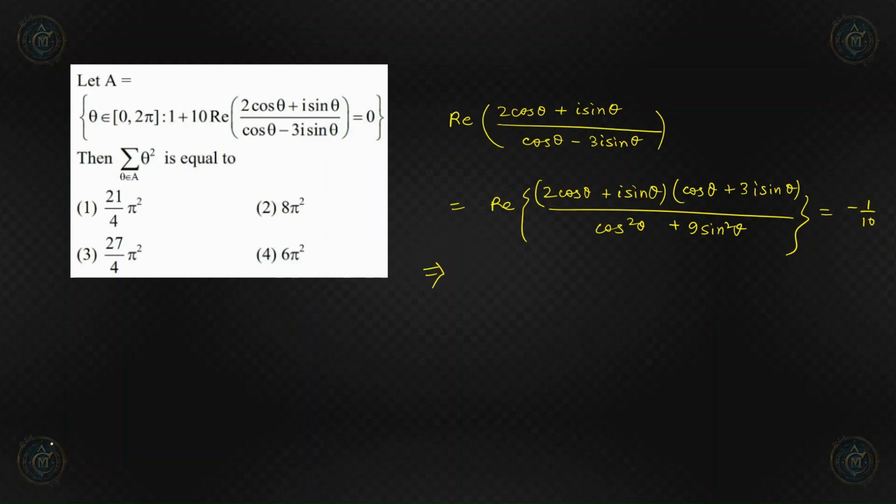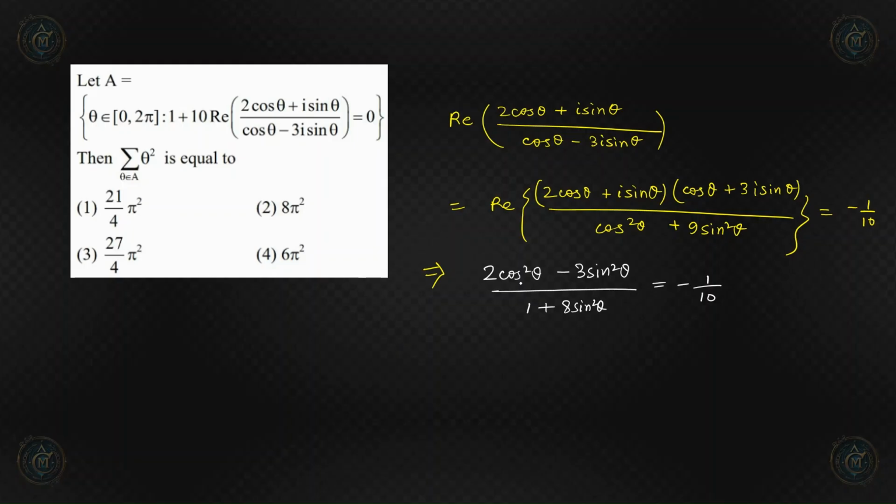So if we calculate here, real part of this will be nothing but 2 cos theta times cos theta, which is 2 cos square theta, then minus sin theta times 3 sin theta, that means 3 sin square theta, divided by cos square theta plus 9 sin square theta. Now see, cos square theta plus sin square theta we can write as 1, so it will be 1 plus 8 sin square theta. Okay, 1 plus 8 sin square theta, it is equal to minus 1 by 10.